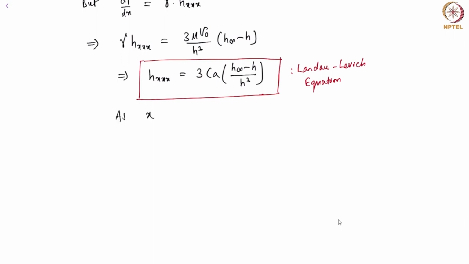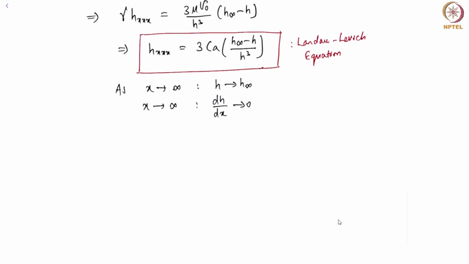As x goes to plus infinity, meaning you're well into the thin film, h goes to h infinity. Another boundary condition would be as you go into the thin film, it's a uniform thin film, so therefore the slope goes to 0.